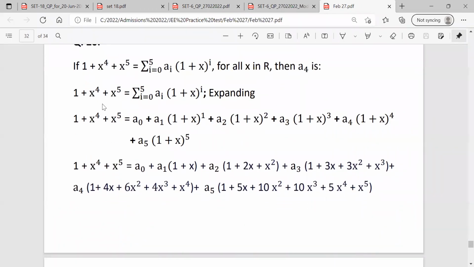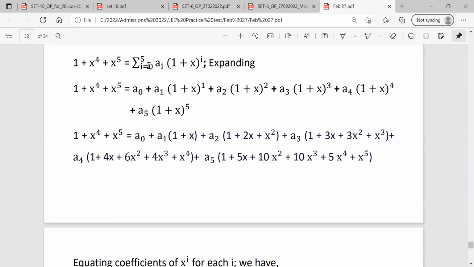So (1 plus x) raised to 4 plus (1 plus x) raised to 5 equals, substituting the values from i equal to 0 to 5, a0 plus a1 (1 plus x) plus a2 (1 plus x) squared plus a3 (1 plus x) cubed plus a4 (1 plus x) raised to 4 plus a5 (1 plus x) raised to 5. It's just a simple expansion. Then I'm going to equate the coefficients of each of the terms.